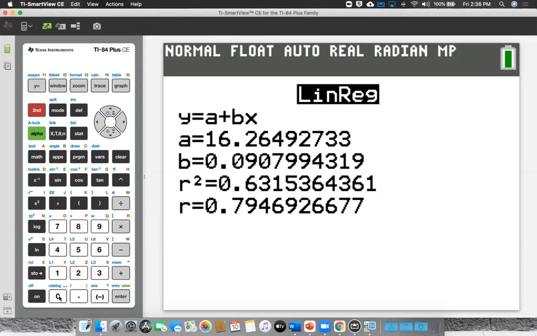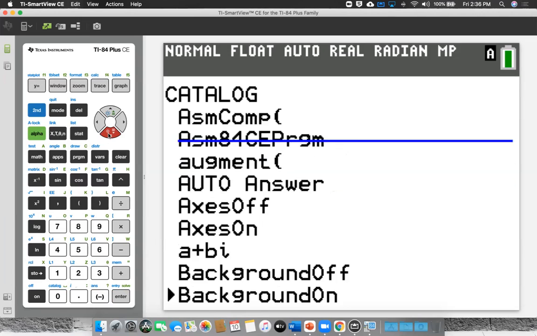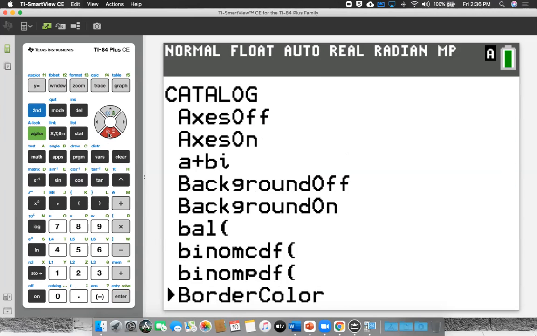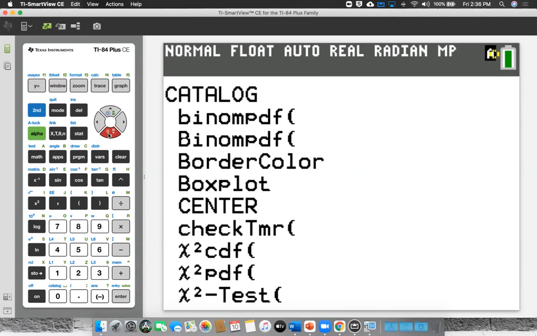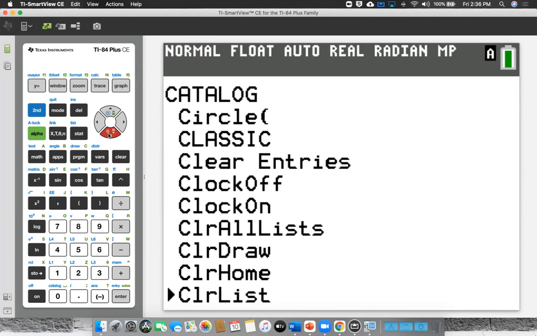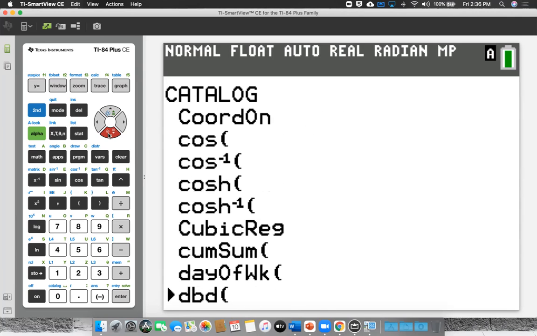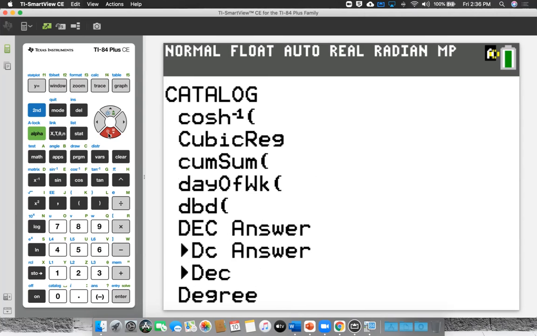So go to catalog, and then you're going to go down all the way till you see diagnostics on. So scroll down until you see diagnostics on. This is every function the calculator does. There's a lot of them.